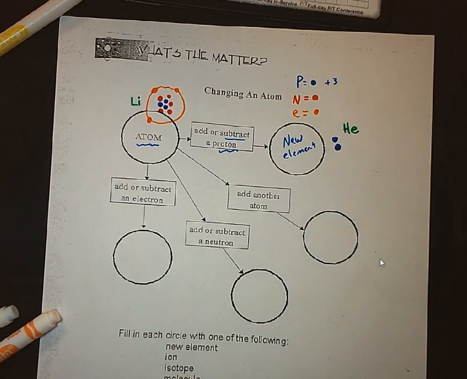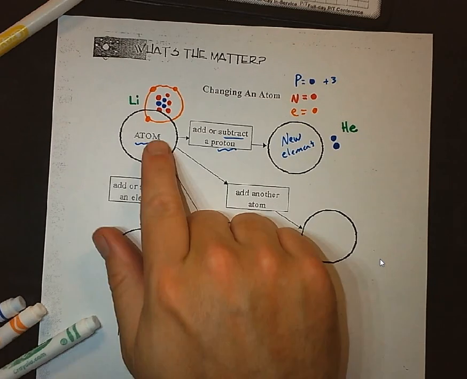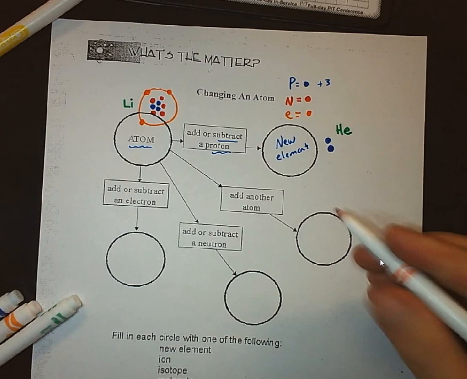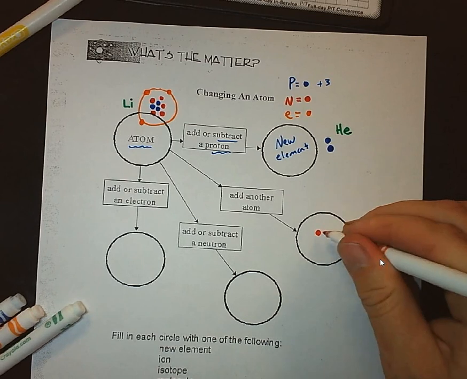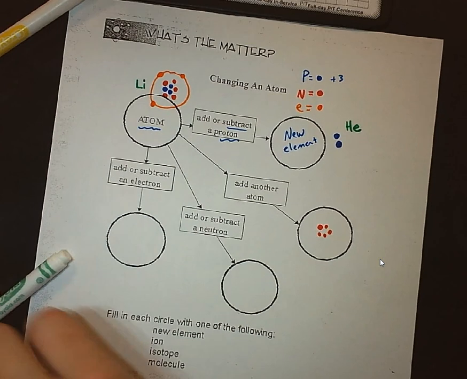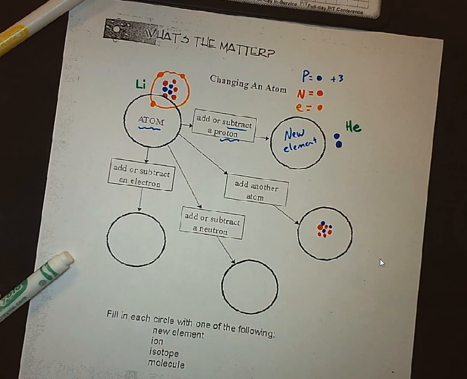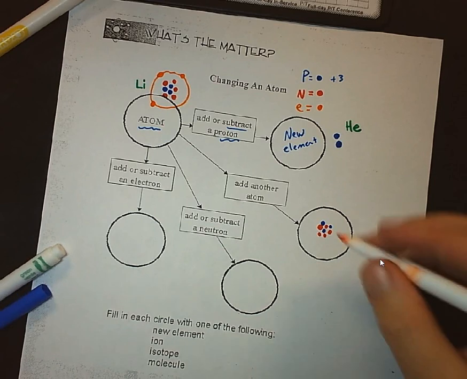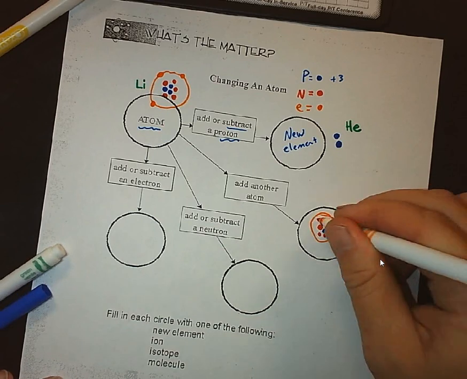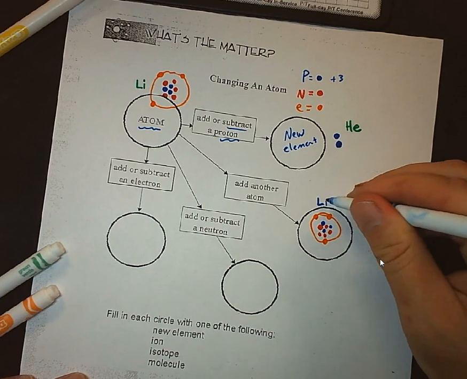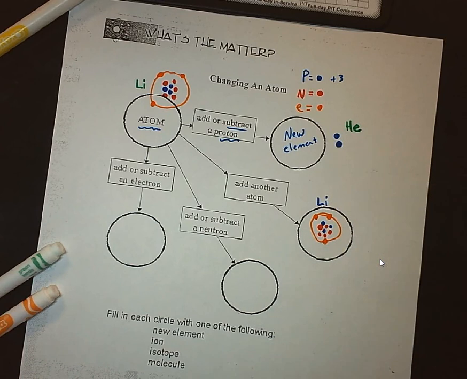All right. Let's add another atom onto this. If we add an entire atom, we have our 1, 2, 3, 4, 5. 1, 2, 3. Here's my lithium, Li, and we're going to say that it's reacting with chlorine.